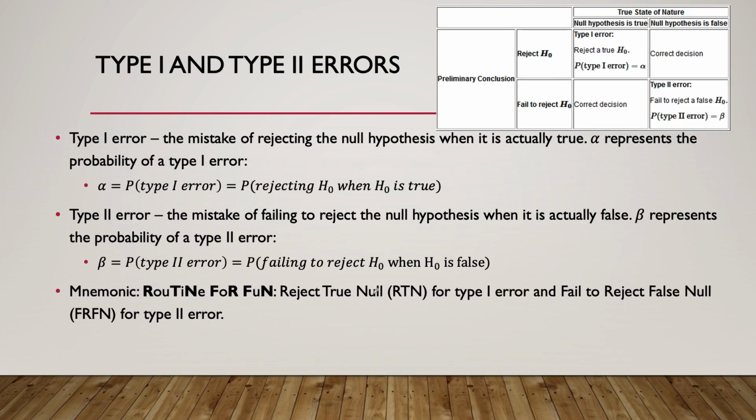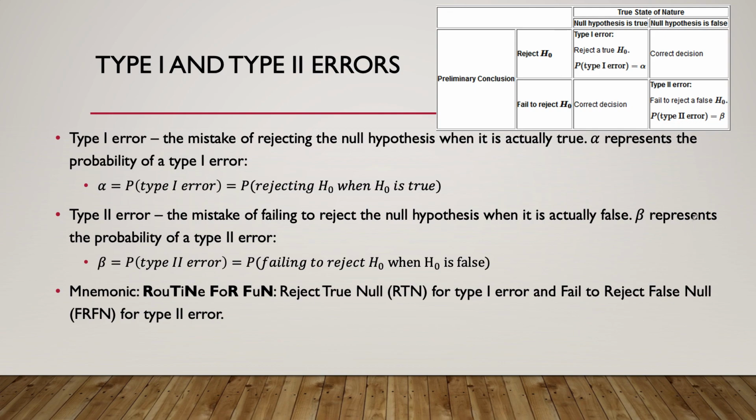For the type 1 or type 2 errors, type 1 error is the mistake of rejecting the null hypothesis when it is actually true, and alpha represents the probability of a type 1 error. So alpha is the probability of rejecting the null hypothesis when the null hypothesis is true, and the type 2 error is the mistake of failing to reject the null hypothesis when it is actually false.